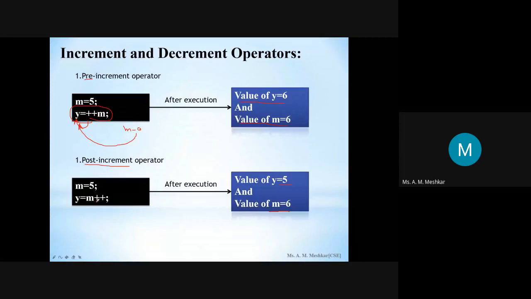When we write y is equals to m plus plus, m first provides its initial value, 5, to y, and then it gets incremented. In the pre-increment case, m first gets incremented and then assigns its value to y, hence y becomes 6.